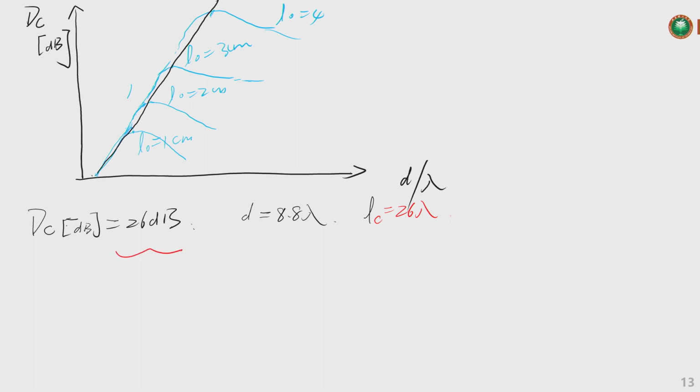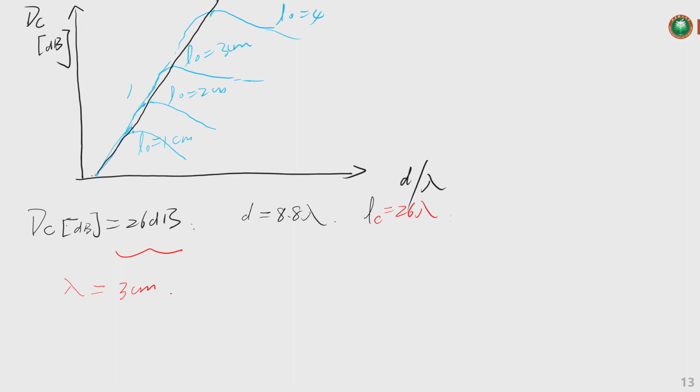So, for example, for the wavelength for the millimeter wave at around 10 gigahertz, the corresponding wavelength is how much? Around 30 centimeters, right? Am I correct?